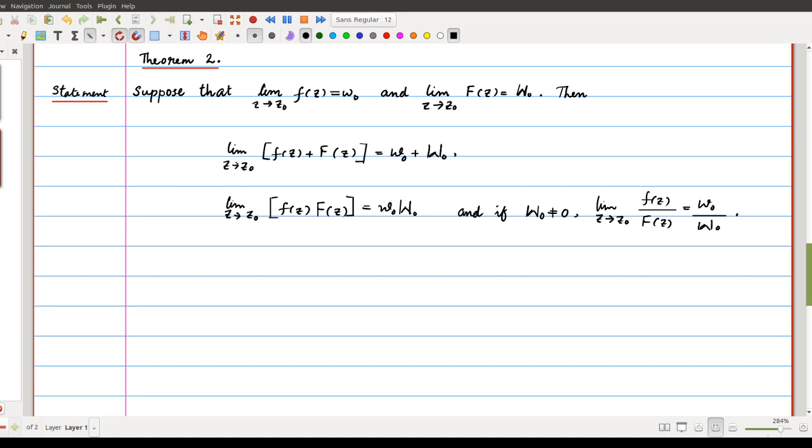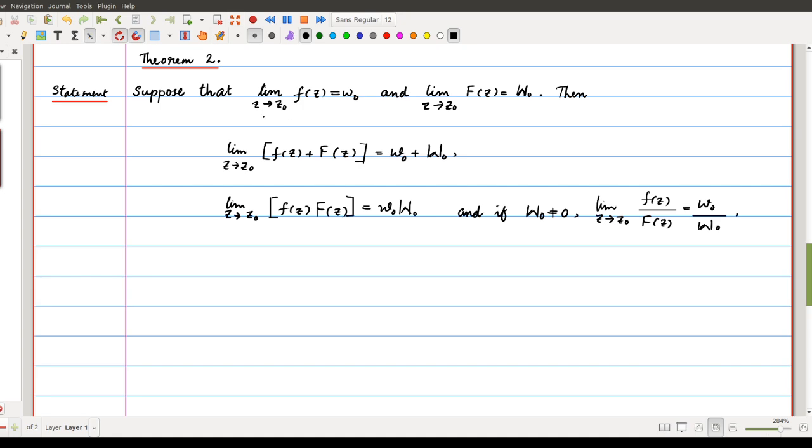This is the same as in real analysis; these results are analogous to the limit rules in real analysis. These things can be proved easily by adopting the same proof we discussed in real analysis.